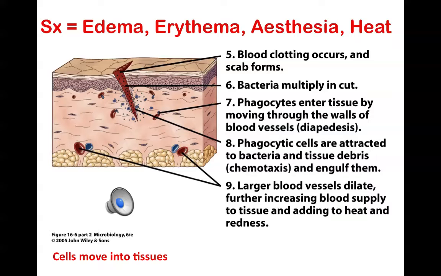And you might even see the accumulation of the battle, if you will, between the bacteria and the phagocytes in the form of a grayish, greenish, yellowish, gooey substance that we generally describe as pus. That's where we have that battle between our phagocytic white blood cells and the growing bacteria.